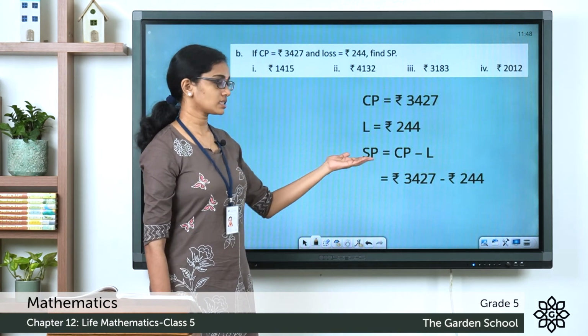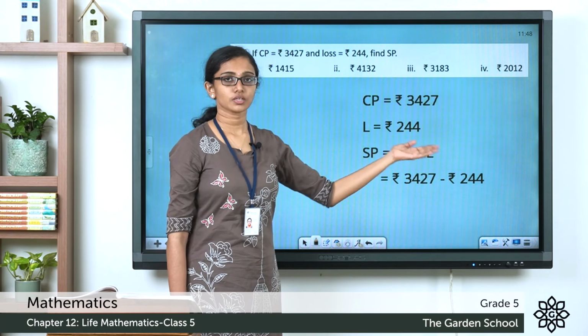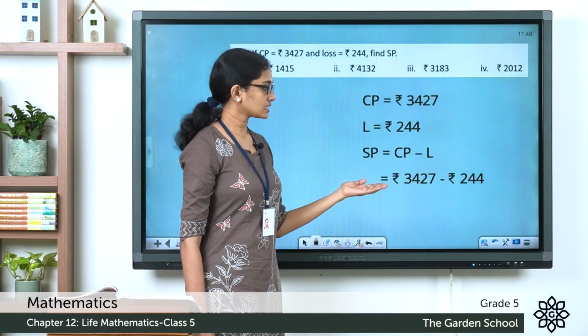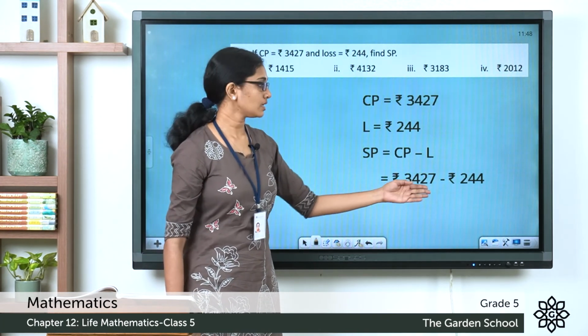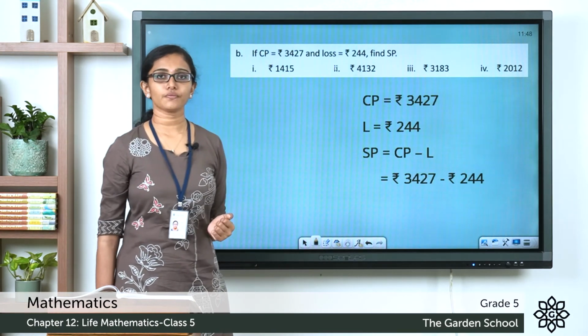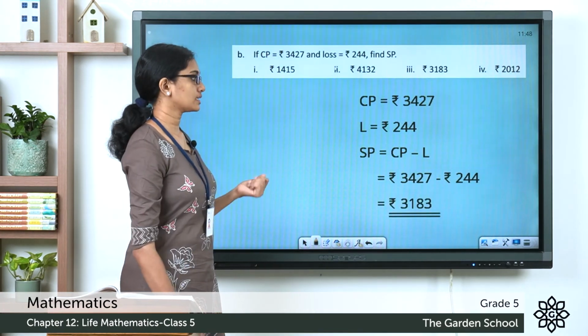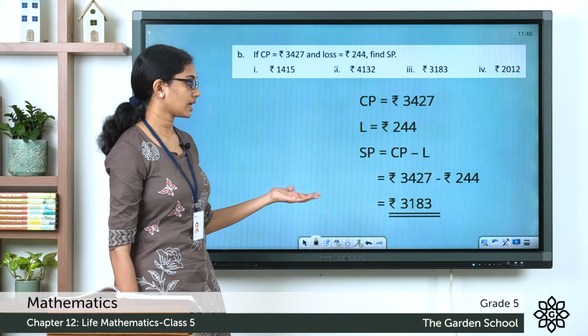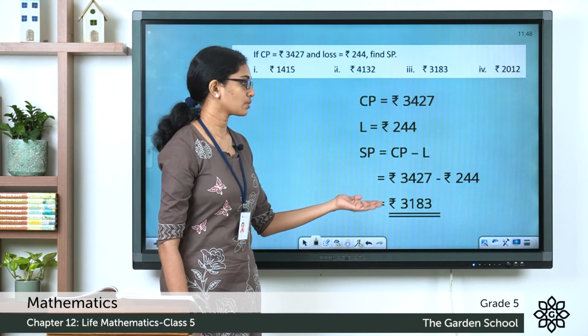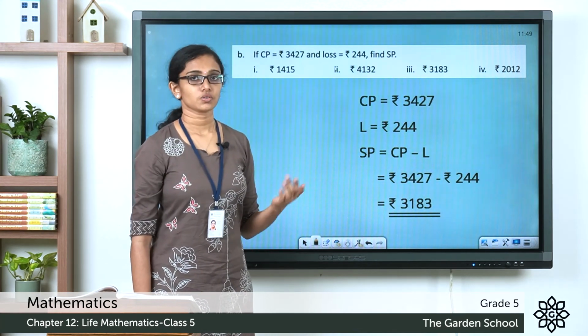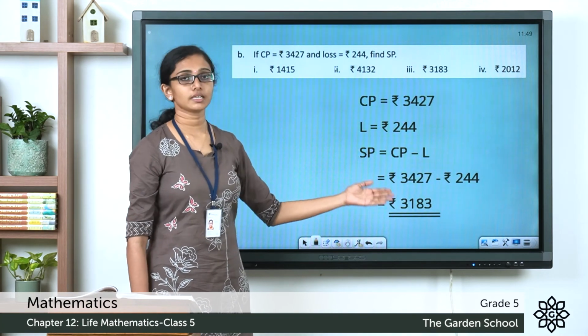So the selling price is equal to cost price minus loss, applying the formula. Now that is rupees 3,427 minus rupees 244. So subtracting the numbers, we get the amount is equal to rupees 3,183. So the selling price is rupees 3,183.